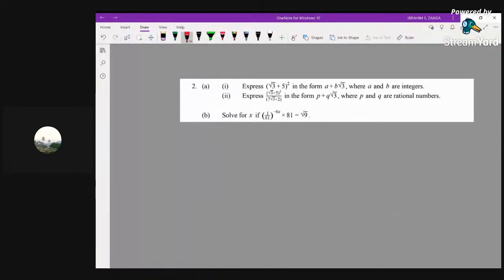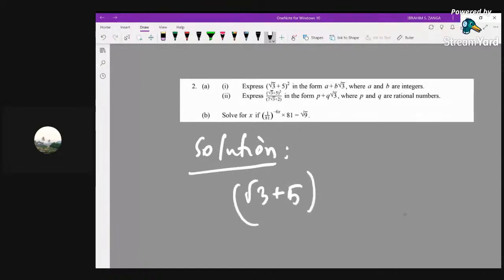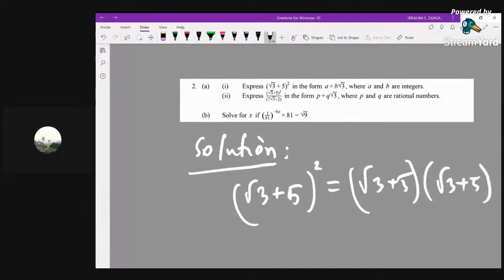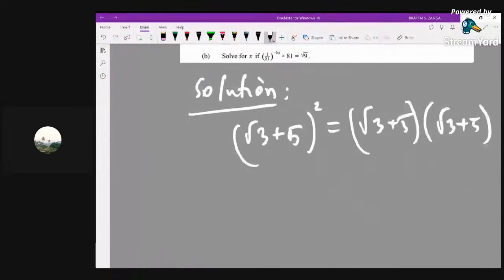So we are going to say solution. Root 3 plus 5, squared, is equal to root 3 plus 5 times root 3 plus 5. We're going to multiply here.